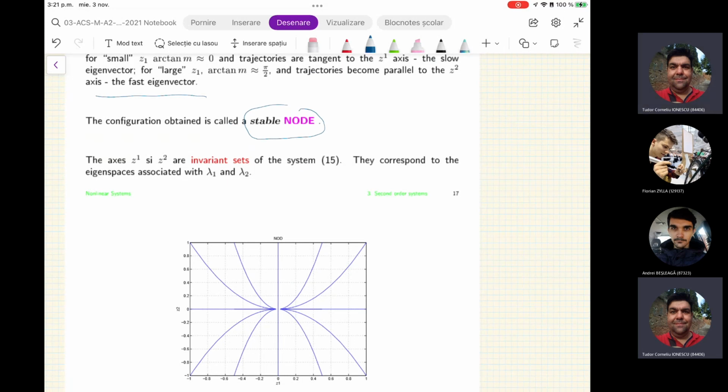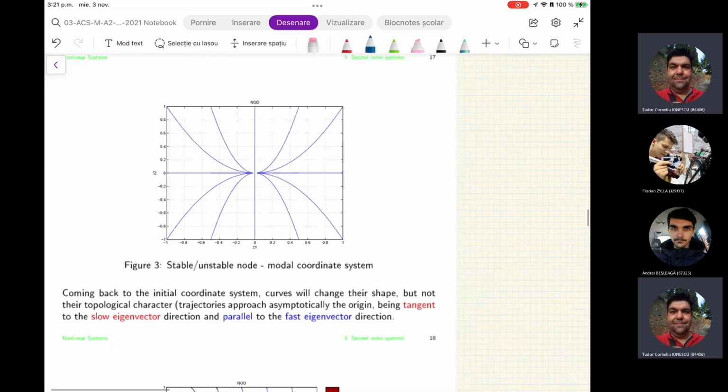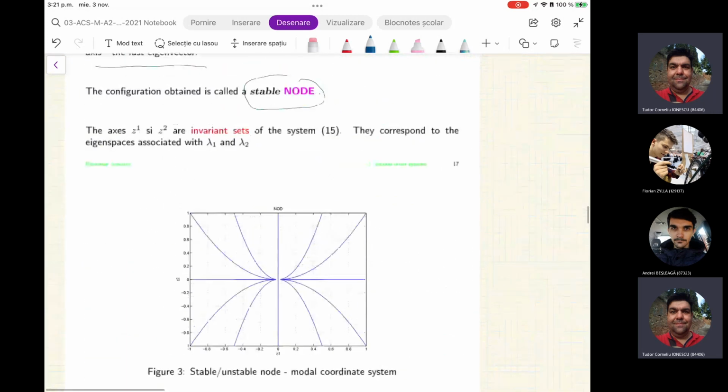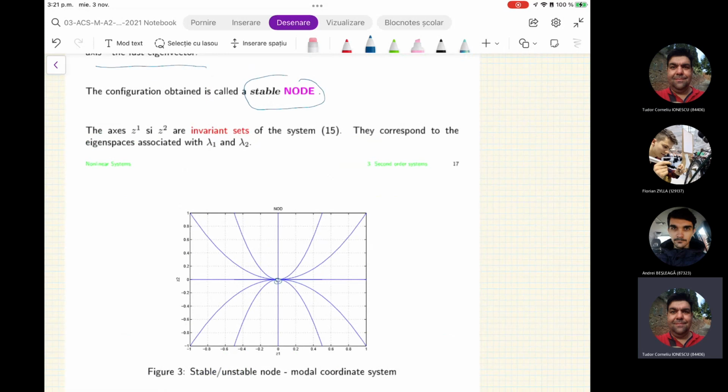Please note that the axes z1 and z2 are invariant sets. They correspond to the eigenspaces associated with lambda 1 and lambda 2, and they determine the eigenvalues. So your equilibrium point is a stable node in this case. It's stable because the lambdas are negative. So this is a stable node.